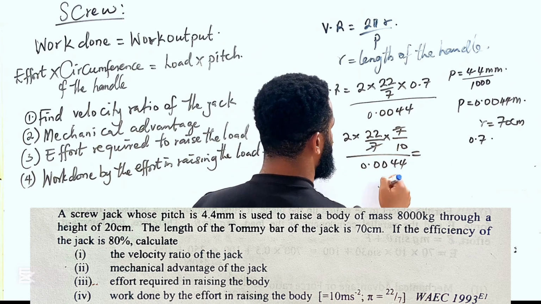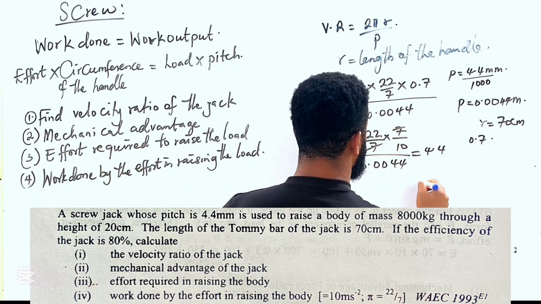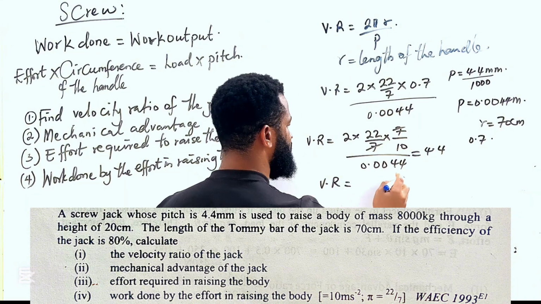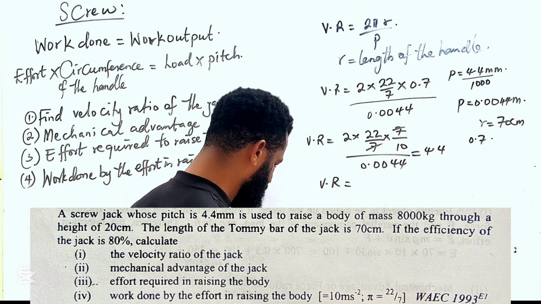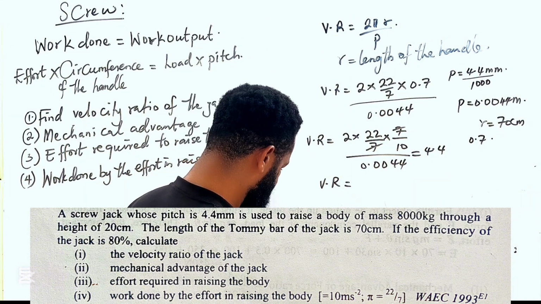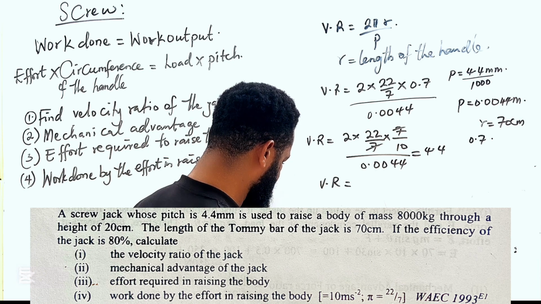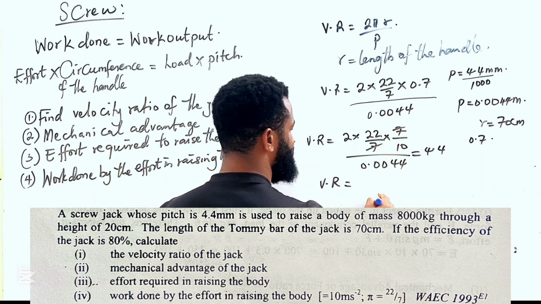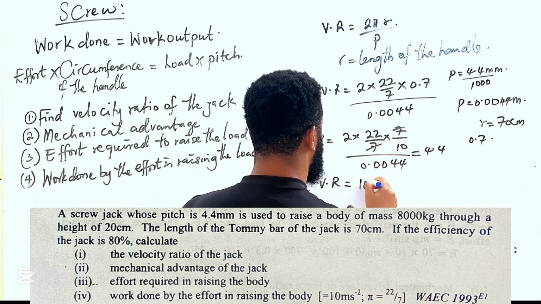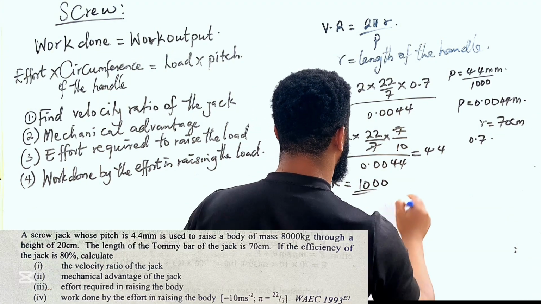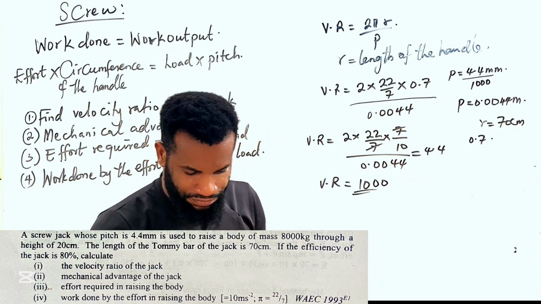This times this is 44 divided by 10, which is 4.4. Then velocity ratio is going to be 4.4 divided by 0.0044, which is 1000. So this is the velocity ratio of this question.